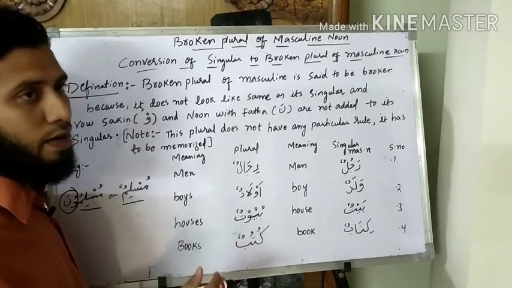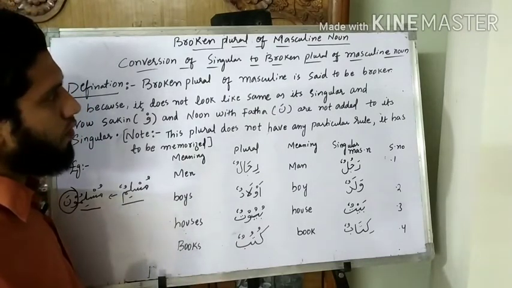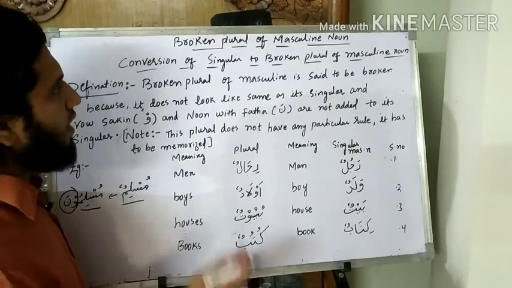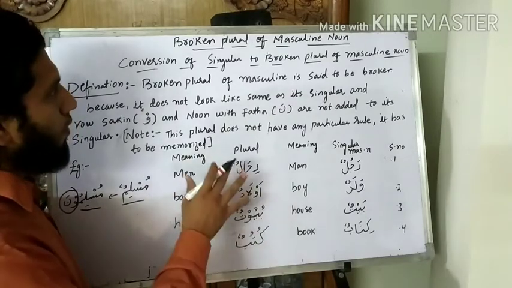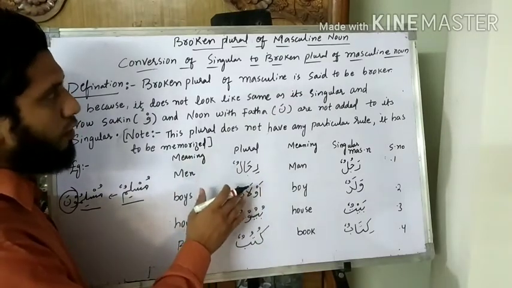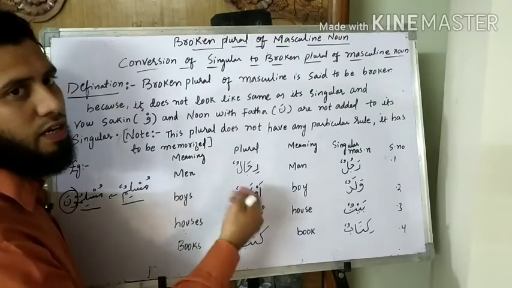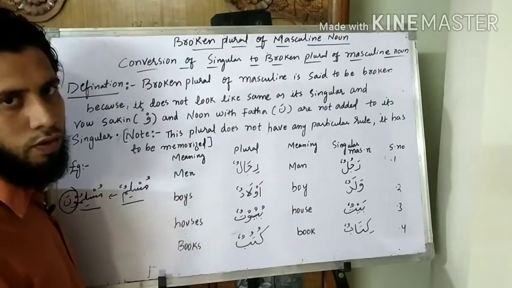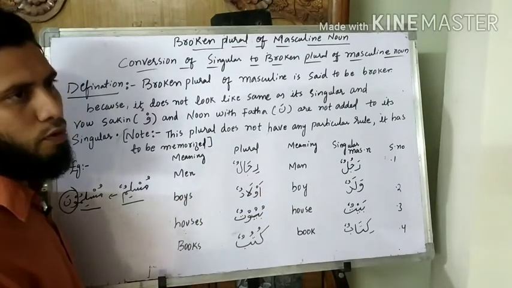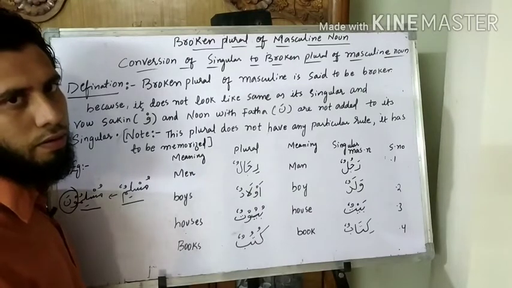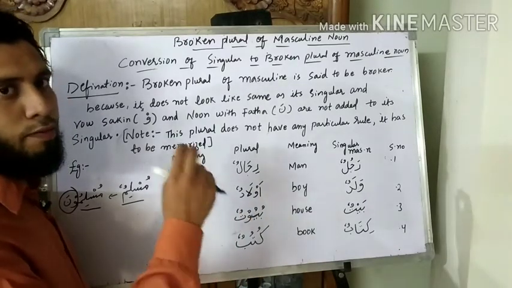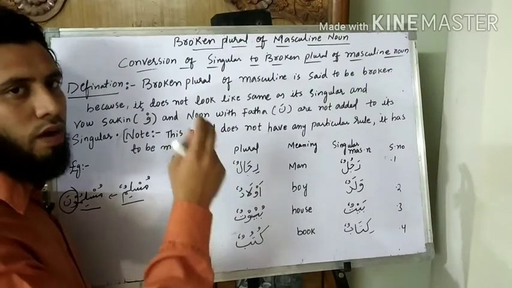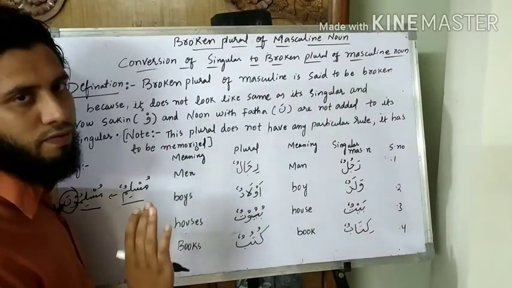So, compared to feminine unbroken plural noun, for masculine there are many, many broken plurals. Very less broken plurals are there for feminine noun, but unbroken are there for feminine.